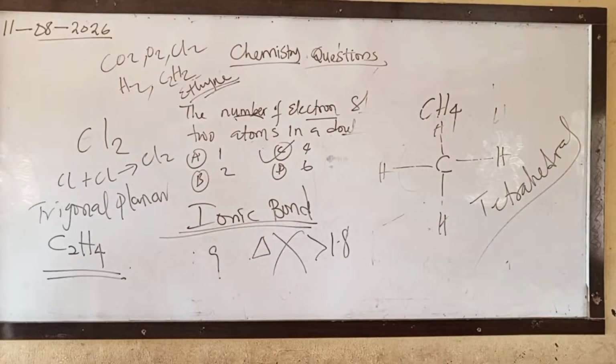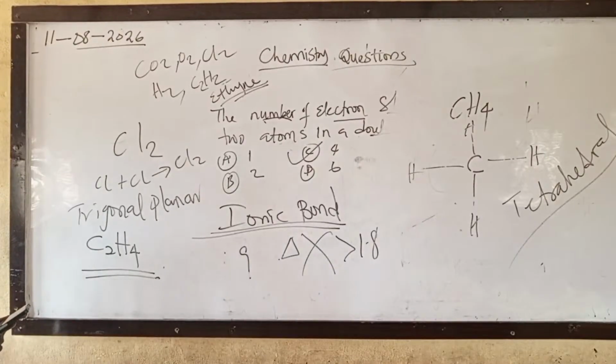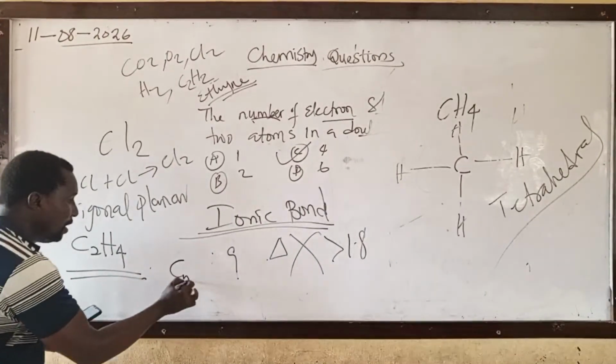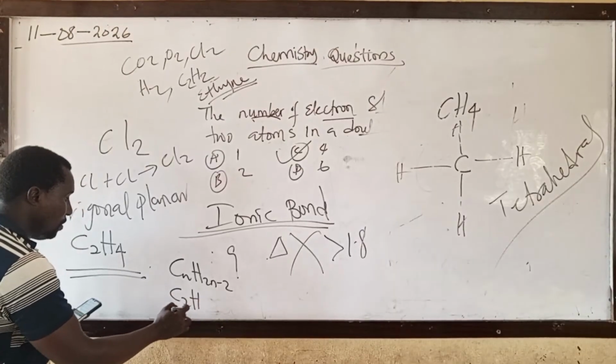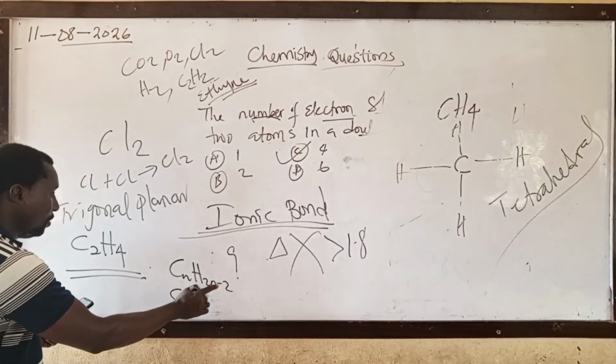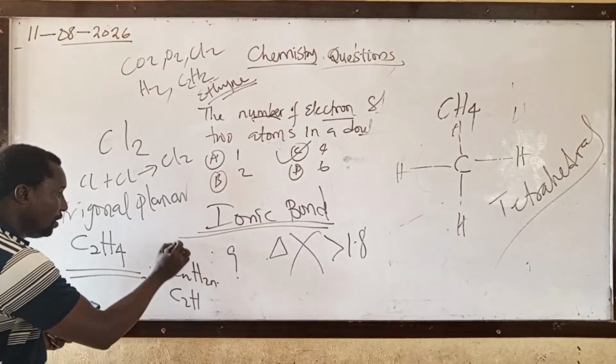It is trigonal planar in shape. CnH2n minus 2, C2, 2 times 2.